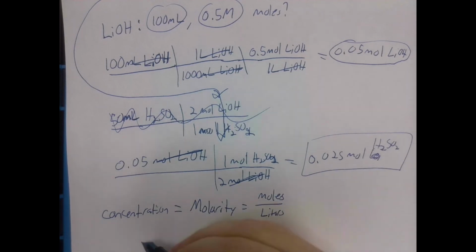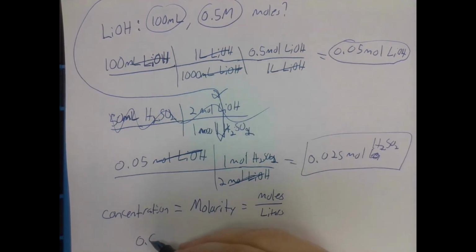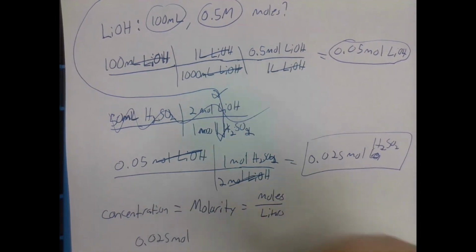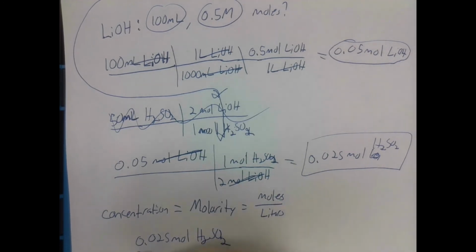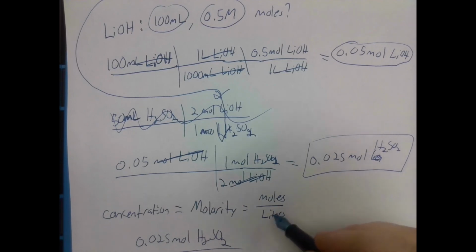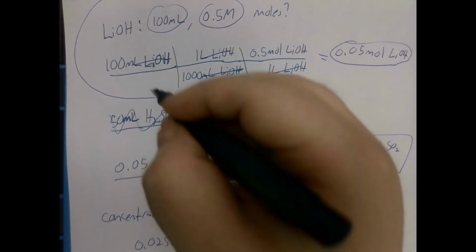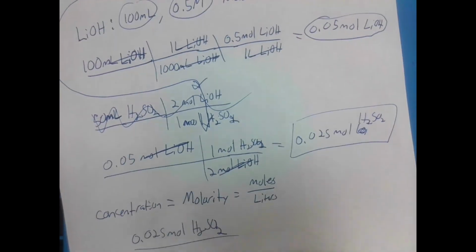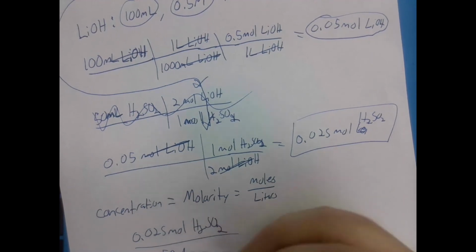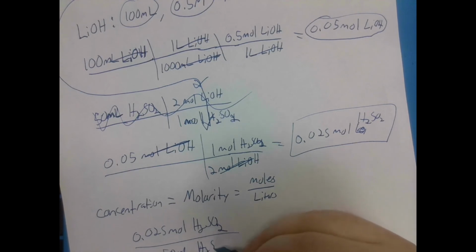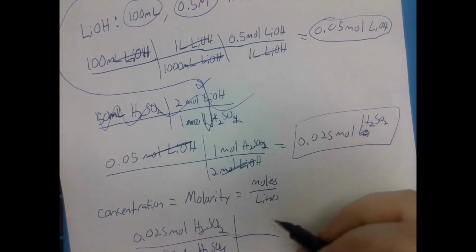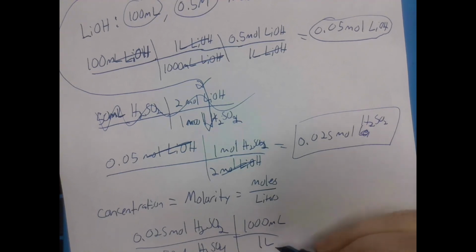So take your moles, 0.025 mole, and divide it by something you can convert into liters, which you're given, the 50 milliliters of H2SO4. You need to convert that into liters.